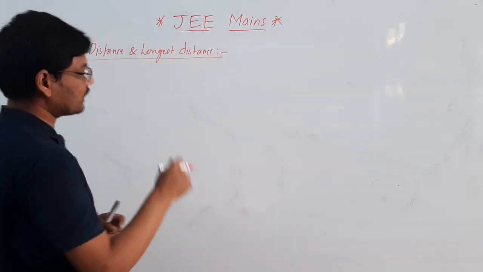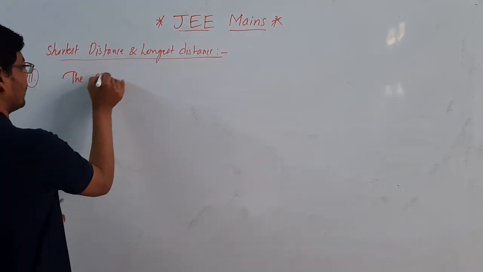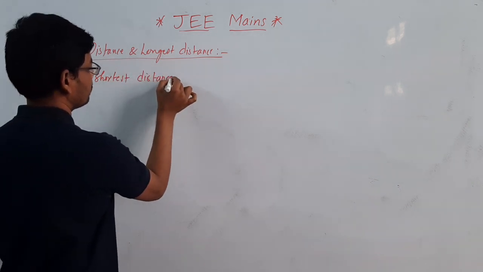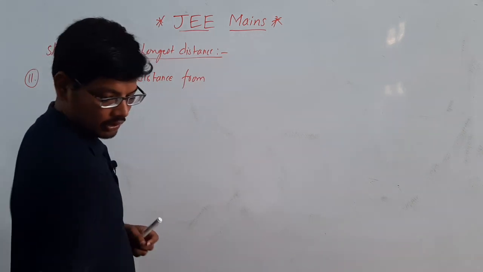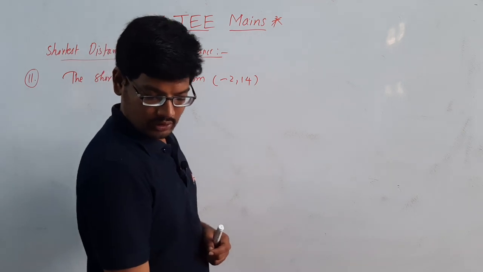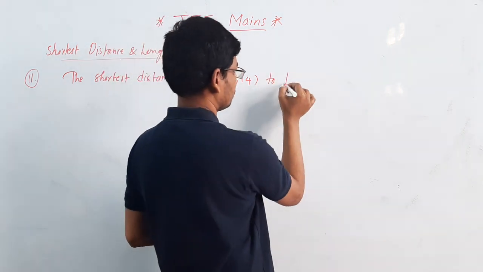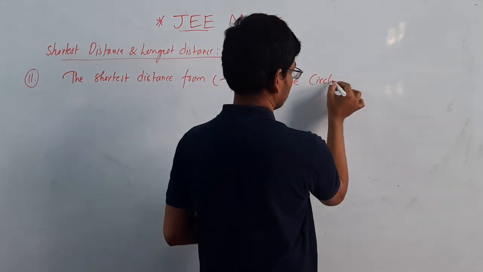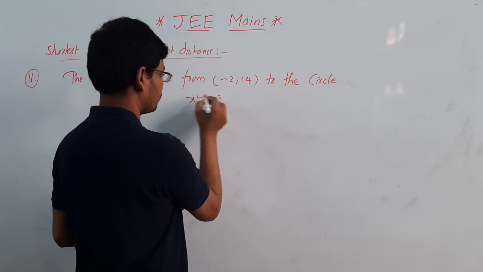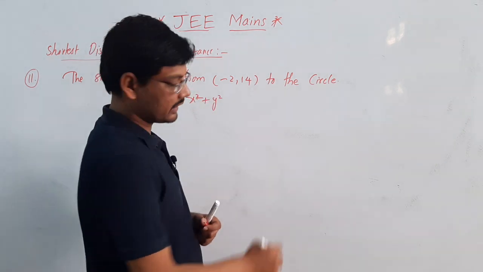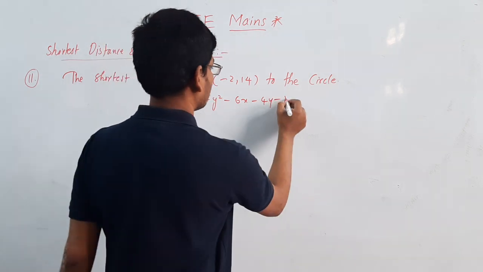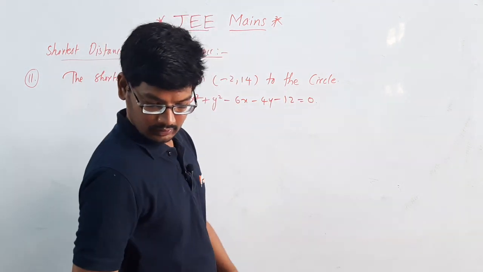The question is: the shortest distance from (−2, 14) to the circle x² + y² − 6x − 4y − 12 = 0 is.